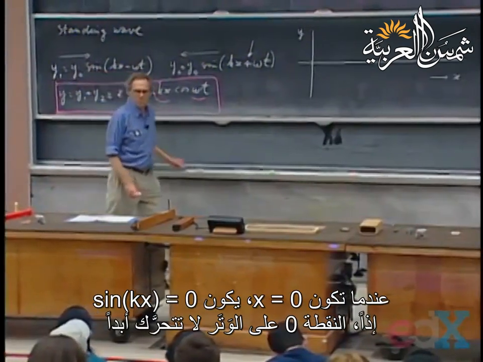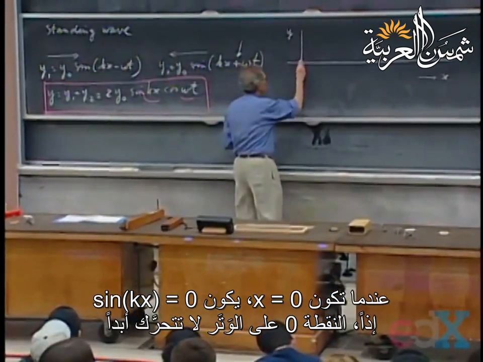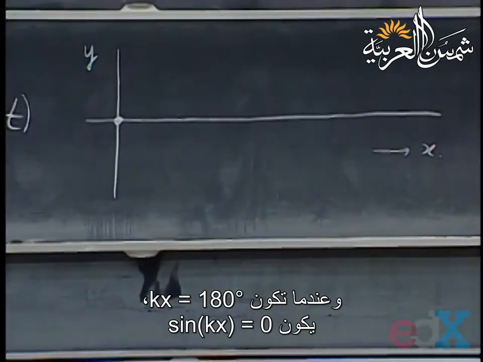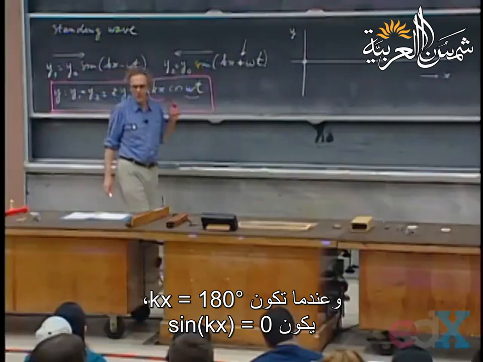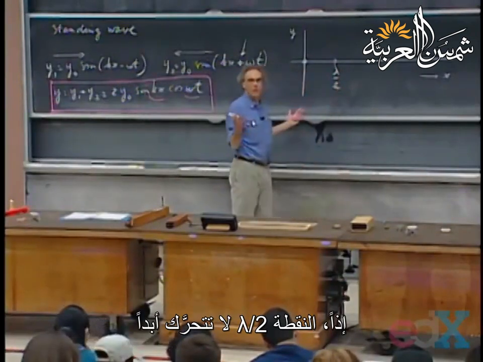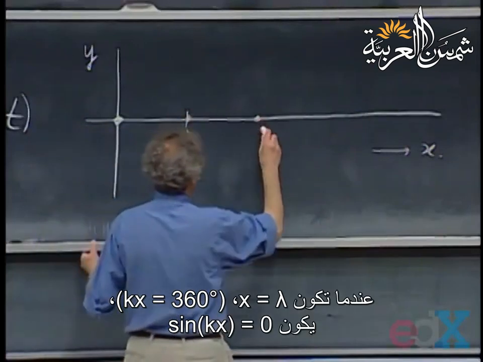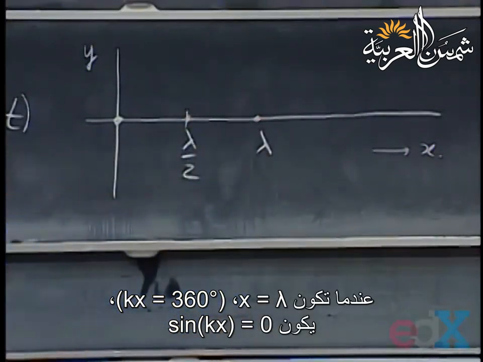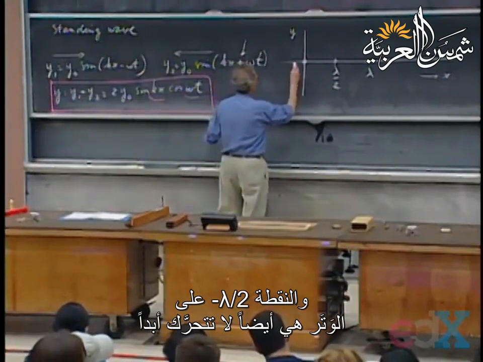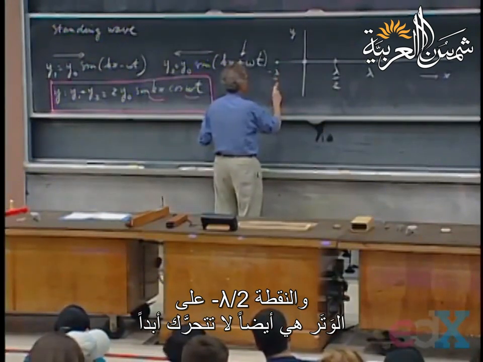If x is 0, the sine is always 0, so this point will never move. But if kx is 180 degrees, it's also 0, always. So lambda over 2 will never move. x is lambda, when this is 360 degrees, will never move. Minus lambda over 2 will never move.